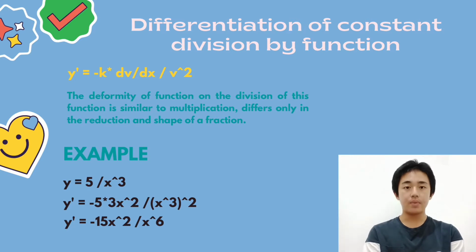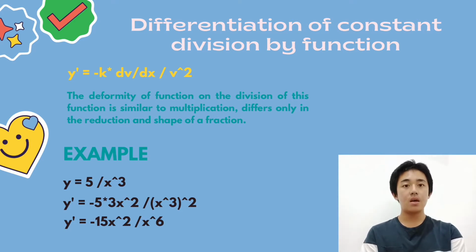So the example is y equals 5 by x cubed. What we're going to do is search for y prime. So remember, the constant number here is 5. So we use 5, and we multiply it with dv, or the derivative of v, and v is x cubed.